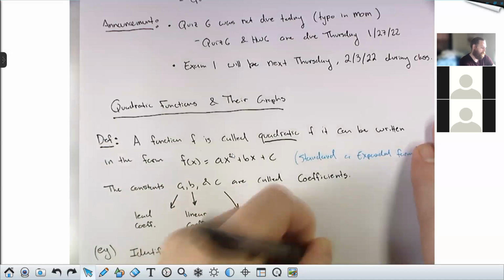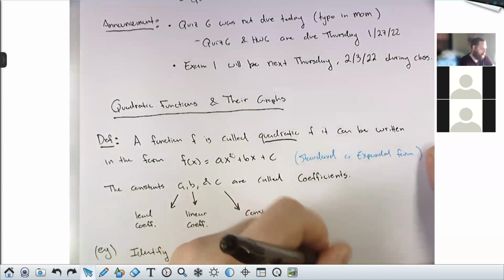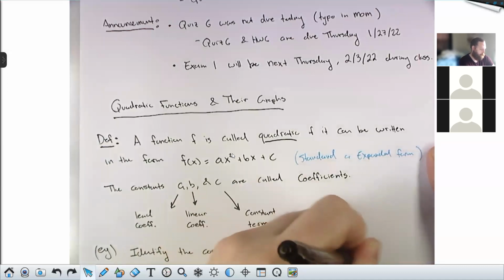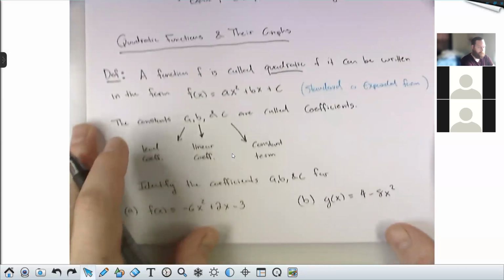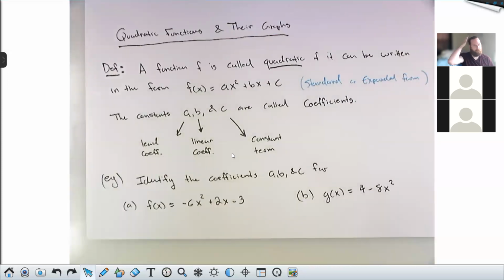And for b here, let's do g of x equals 4 minus 8x squared. So both of these are quadratics, I claim. And the question is, can we just say what a, b, and c are?